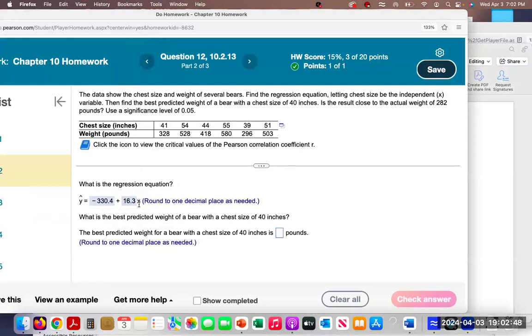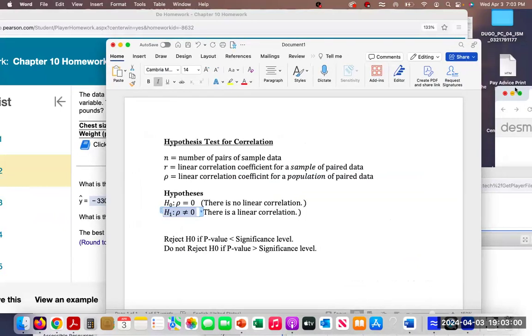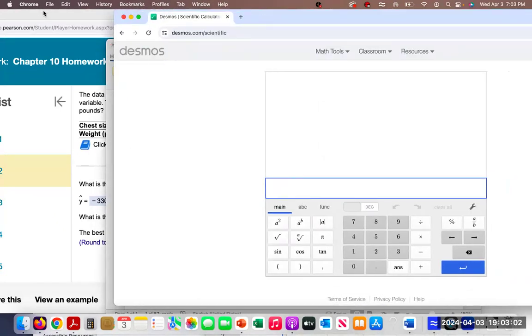So we are going to substitute 40 because 40 is the chest size, which is the X value, into X. So let's use a calculator to get our answer. So I'm going to plug in.